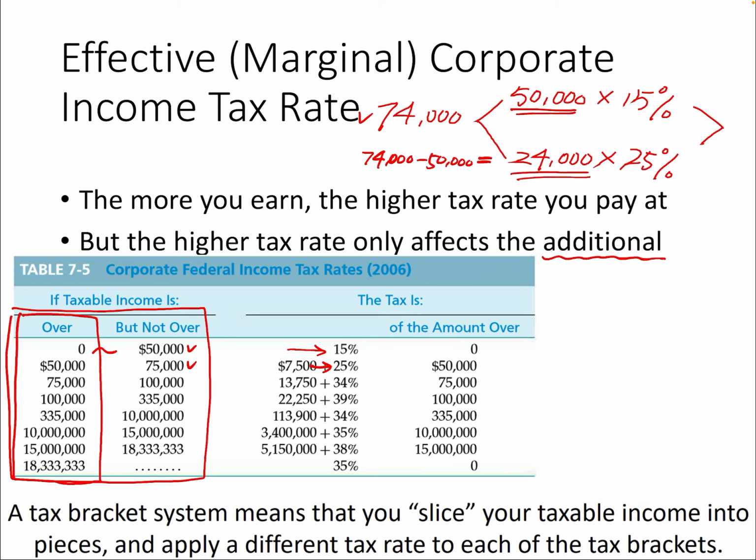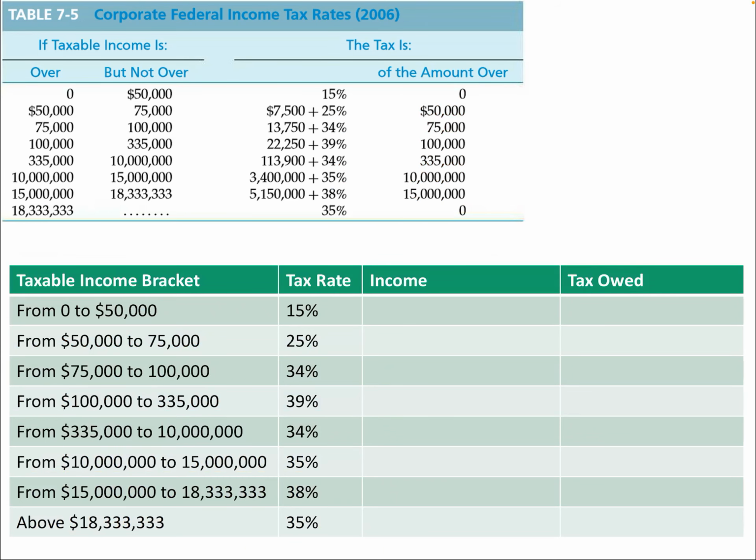When you want to calculate your income tax, you just slice your taxable income into pieces and fill up that bracket table, which I will show you in the next slide, and apply a different tax rate to each of the tax brackets. So what you want to do is slice your taxable income into pieces and fill up the different tax brackets.